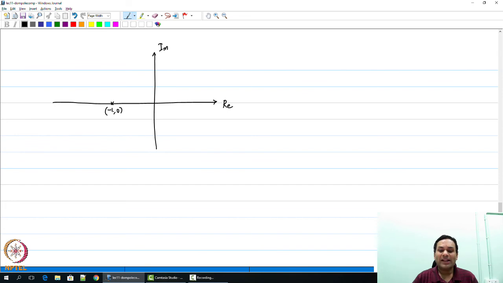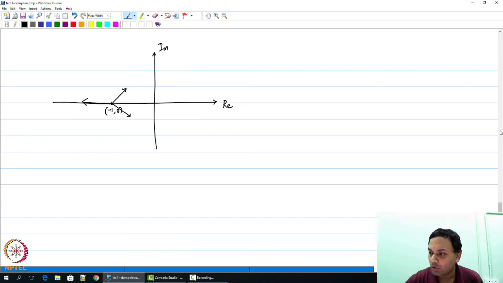And when the loop gain increases to 8, the poles, of course, when the loop gain increases from 0, one pole always moves along the x-axis. The other 2 poles split apart into a pair of complex conjugate poles.